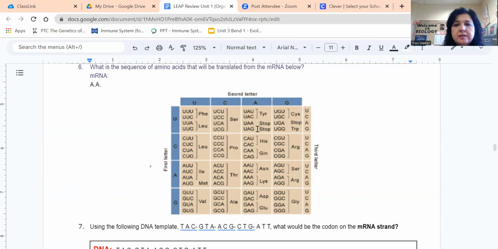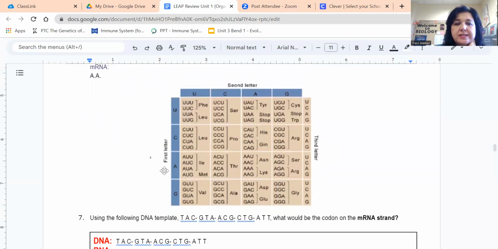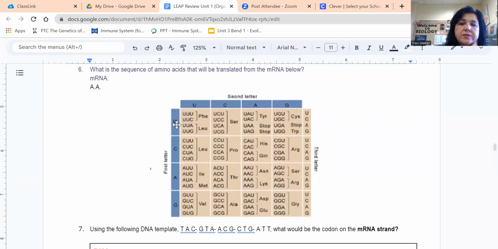So let's do a little bit of practice with translation. So the first codon we're going to translate is UUA. So we come down here to our chart, and we see that we find our first letter on the left side of the chart. We find our second letter across the top of the chart, and then we find our third letter on the right side of the chart. So we're looking for UUA. So my first letter is U. So it's going to be somewhere in this row.